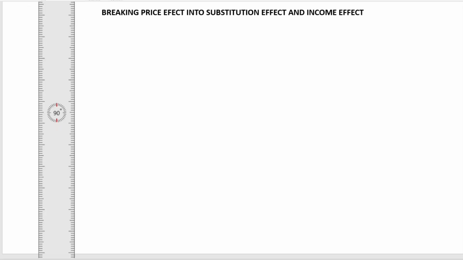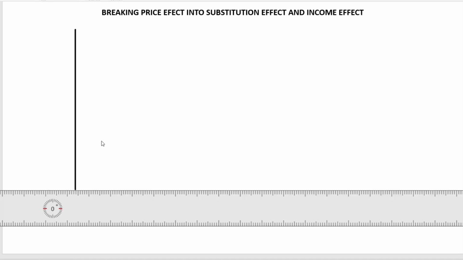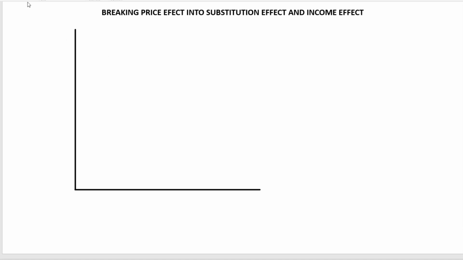So just let us draw the two good system curve. So we have drawn a two good system curve, okay, good x and good y.